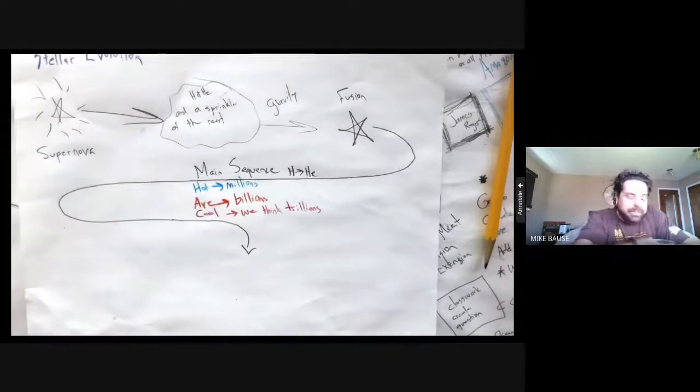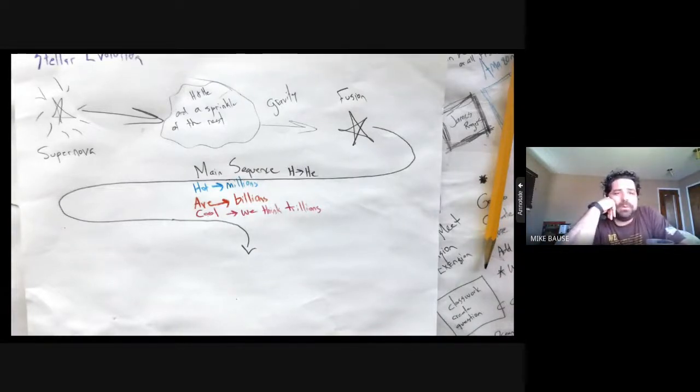And I say we think because our universe is not old enough. We don't know, because we've never seen a low mass star die. We just haven't had enough time in our universe for that to occur yet. We've seen big hot stars die, and we've seen average size stars die, but we've never seen a low mass star die. But mathematically, we think we have a good idea of what happens.